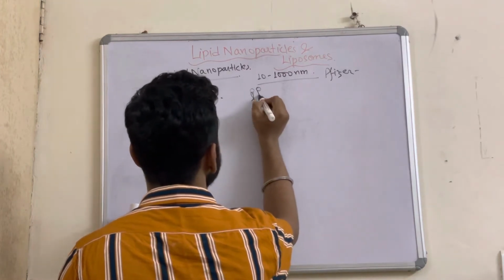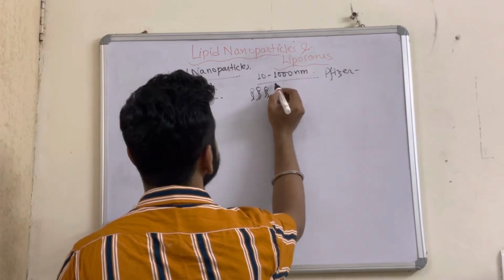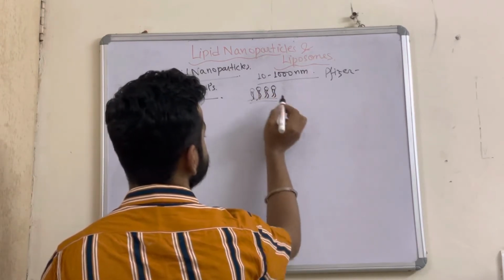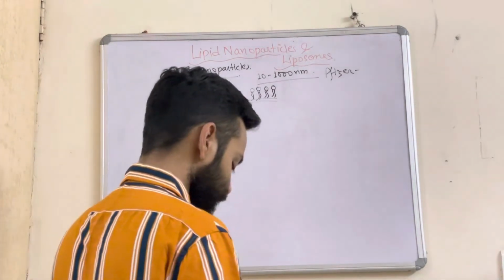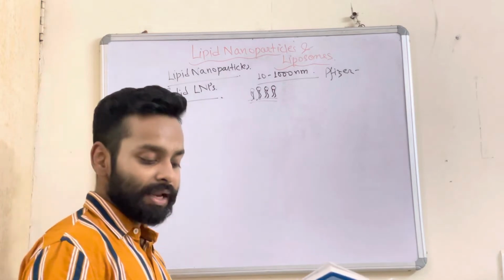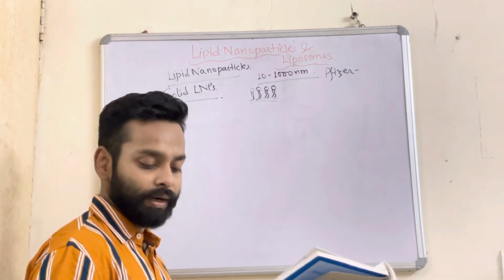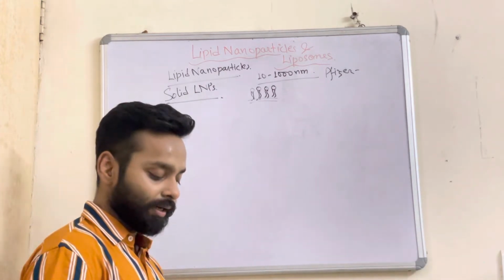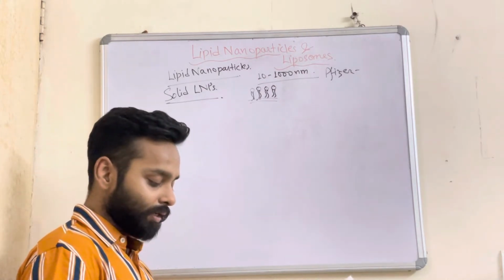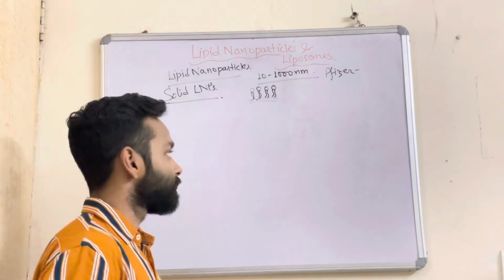If these are the phospholipid bilayers, in lipid nanoparticles there will be only one such layer. In contrast, liposomes are hollow lipid nanoparticles which have a phospholipid bilayer as a coat, because the bulk of the interior of the particle is composed of aqueous substance.